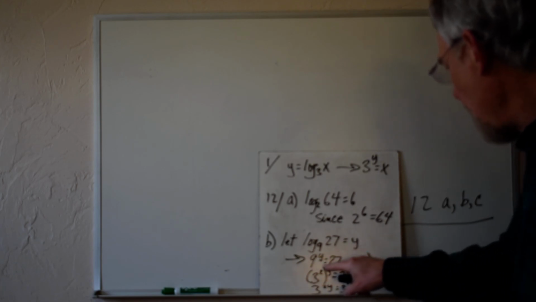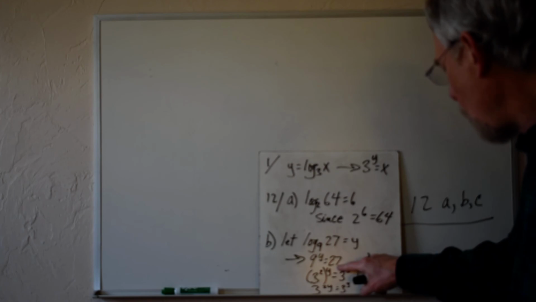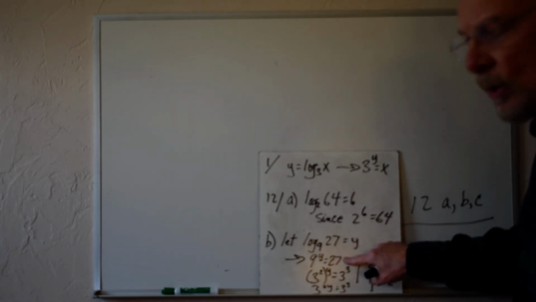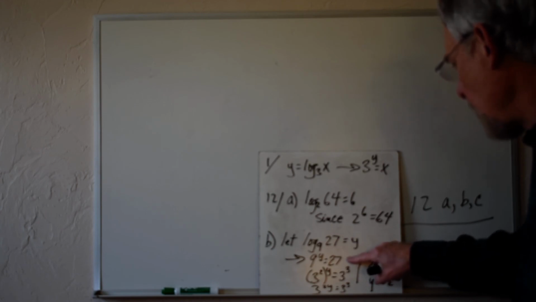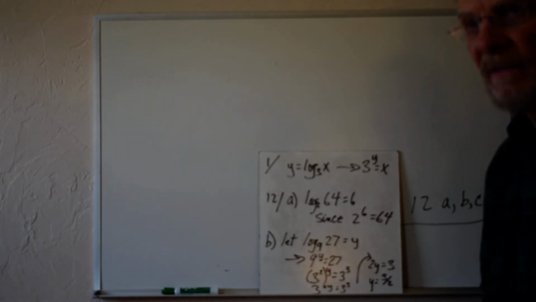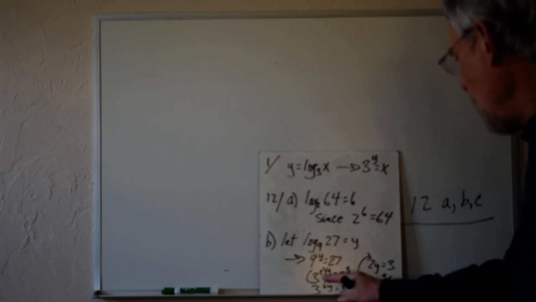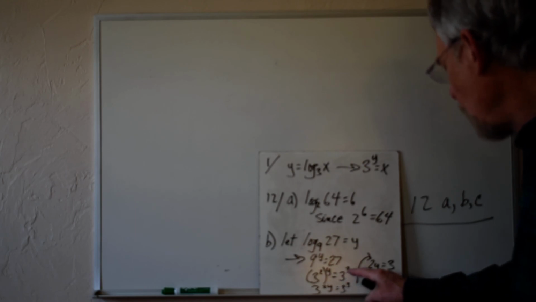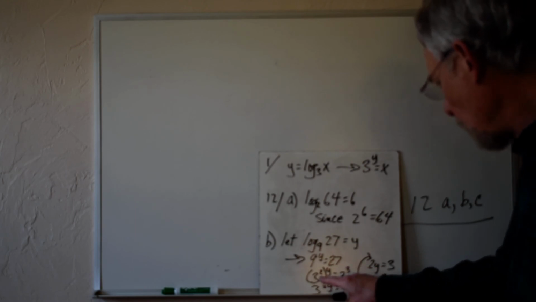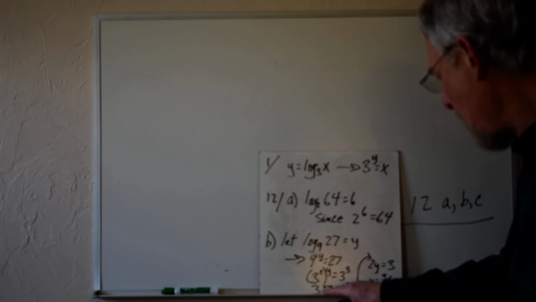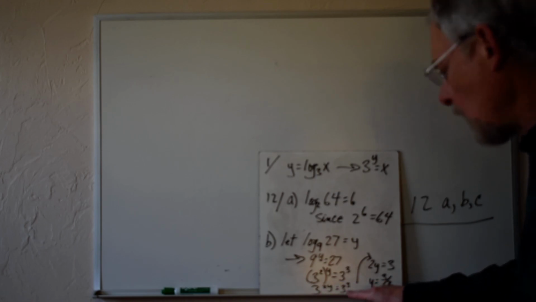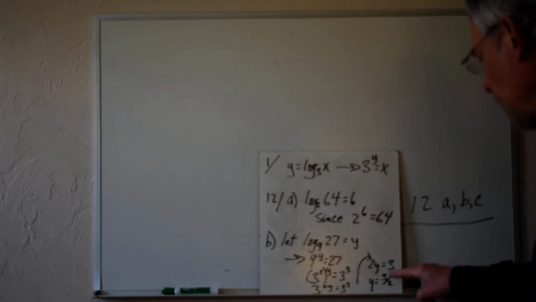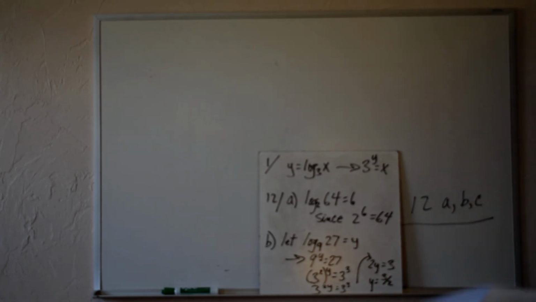That's the same as saying that 9 to the y equals 27 if we transform the log equation to its corresponding exponential equation. Now, 9 and 27 are both powers of 3, so this says that 3 squared raised to the power y equals 3 cubed. Well, I can just multiply my exponents, right? 3 to the power 2y equals 3 cubed, so the exponents must be equal. 2y equals 3, solve for y, and I get y equals 3 halves.